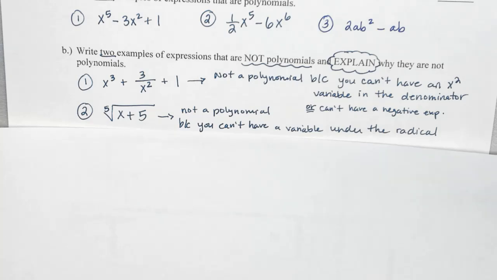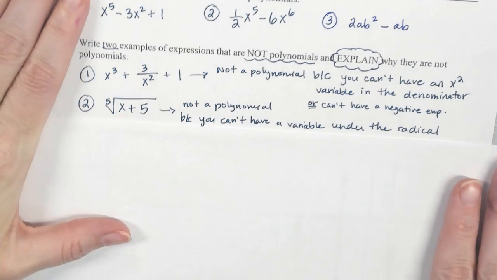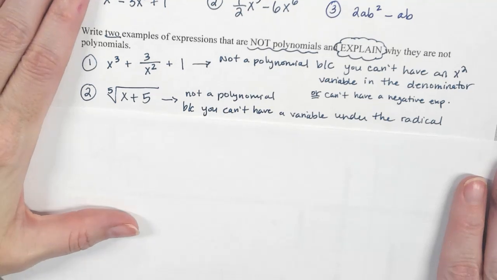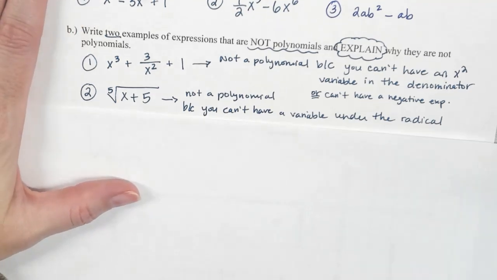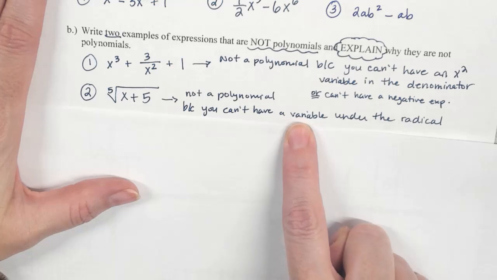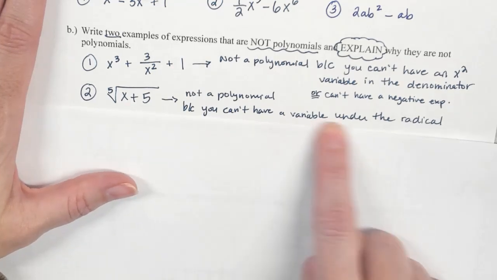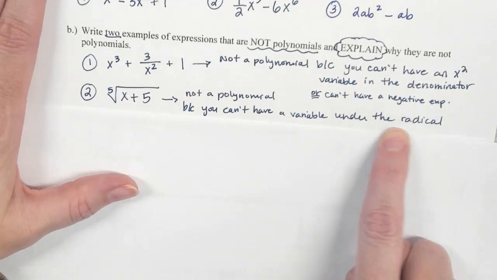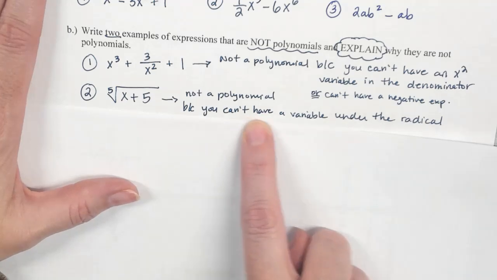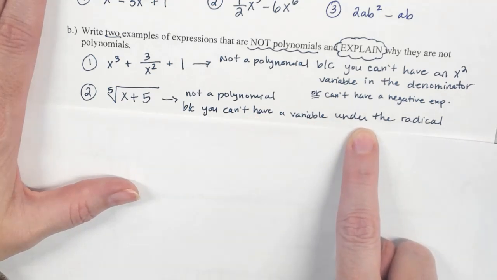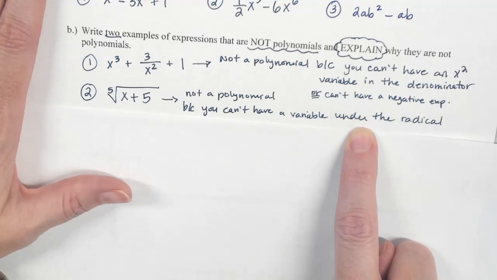Okay, the other type is you can't have a variable under the radical. So I want you to carefully look at your explanation. Did you mention that you can't have a variable under the radical? Or did you accidentally say that you can't have a radical? Because you can have a radical, right? You could have the square root of 4. The square root of 4 is just what? 2.